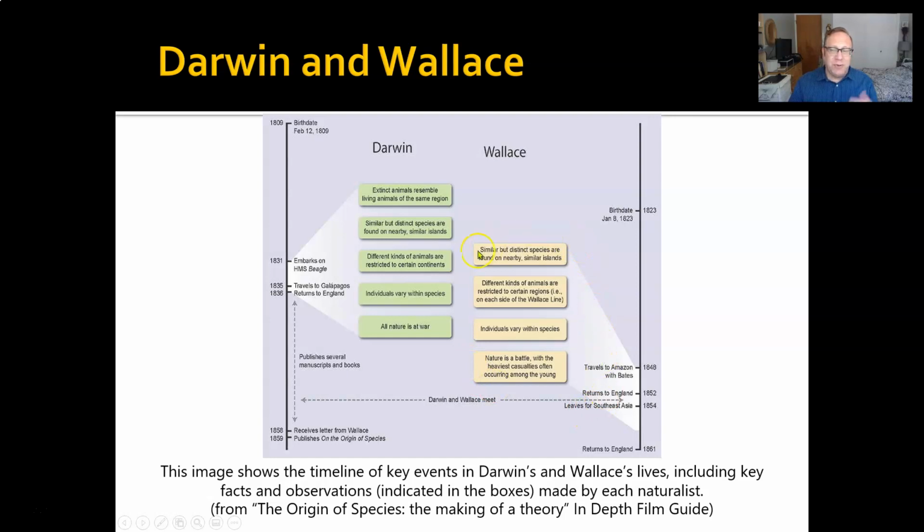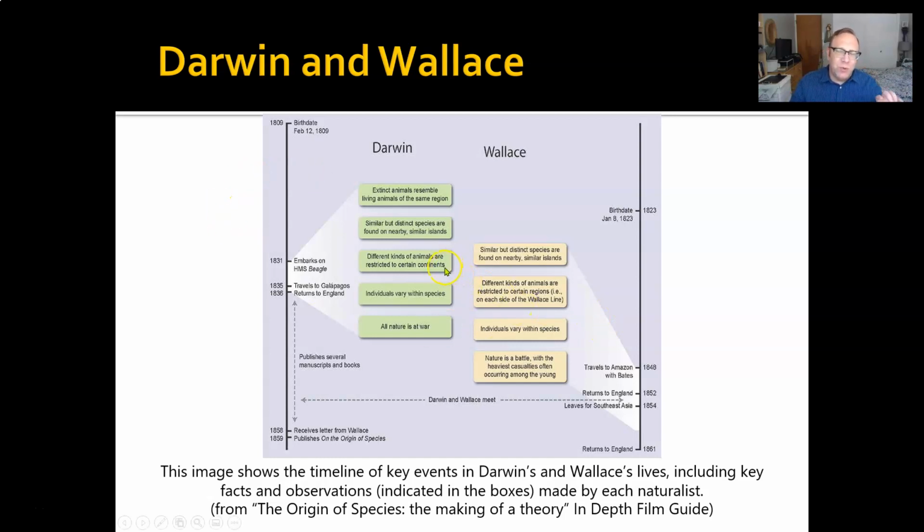In the process of doing this, though, he starts making observations, chiefly that he finds similar but distinct species on nearby islands. Okay, so similar species, but each island has its own distinct version.